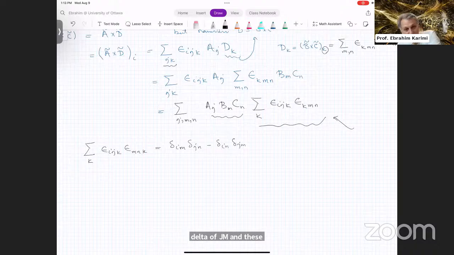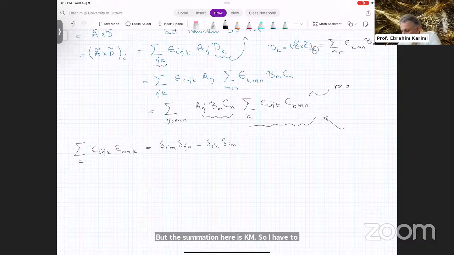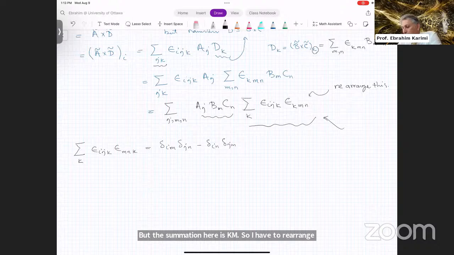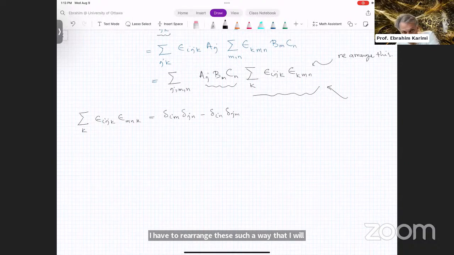And these are the Kronecker deltas. But the summation here is K, M, N. So I have to rearrange these in such a way that I get exactly the same formalism that I have here.